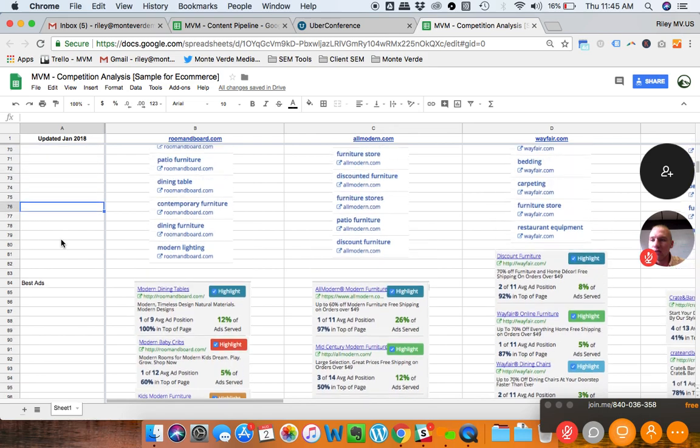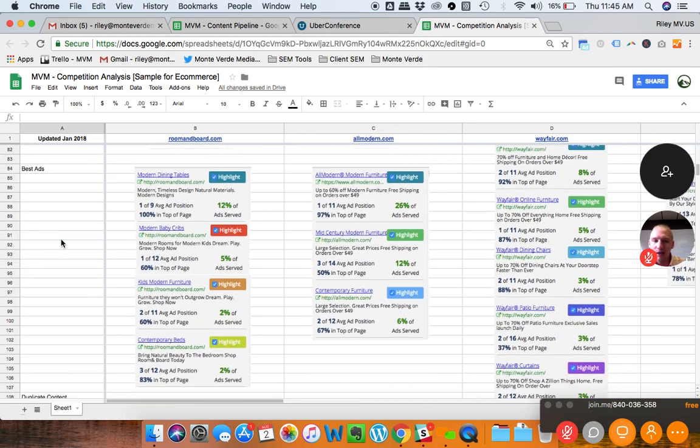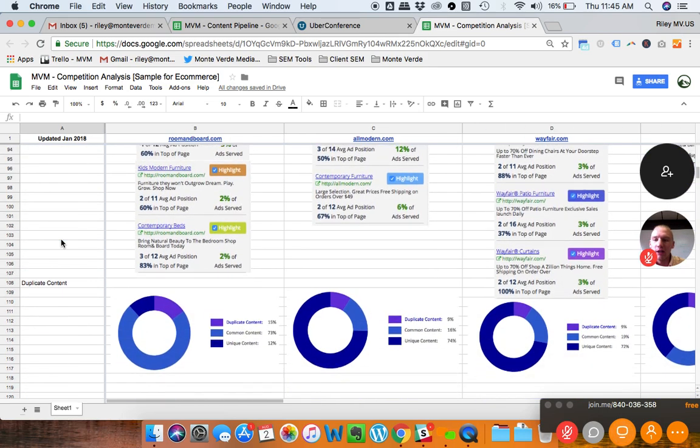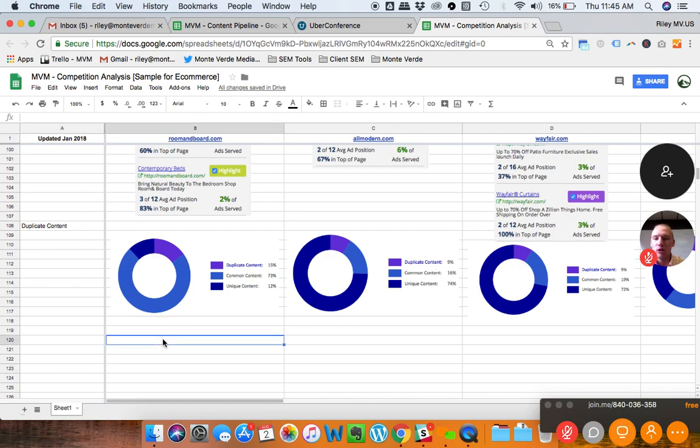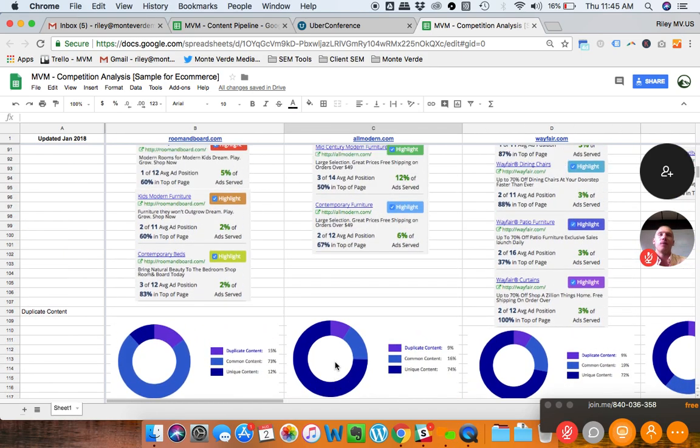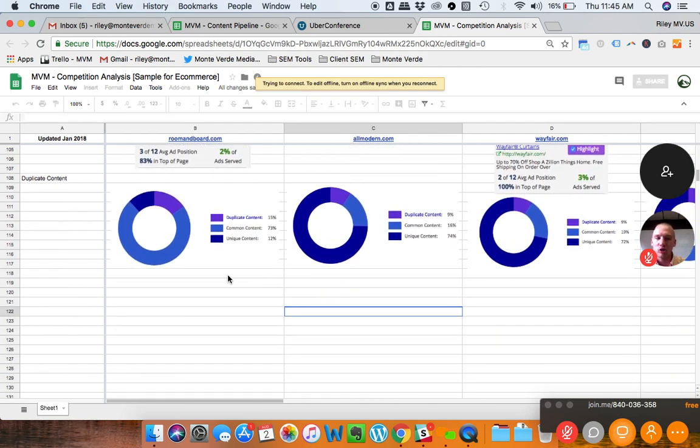So what we see is top keywords, best ad copy, and then we also will sometimes do a duplicate content analysis just to see if there are obvious trends that we can pick up on here. Although, as we've been doing this for a few years, I think Nate and I have come to the conclusion that duplicate content is not as big of a deal as some people make it out to be.